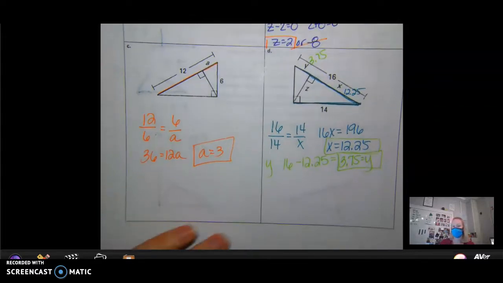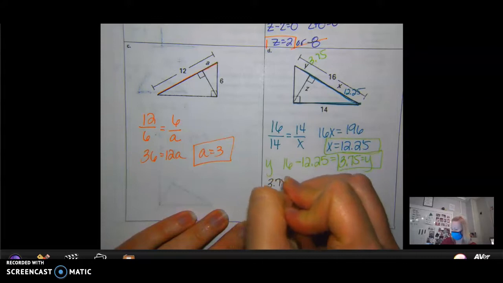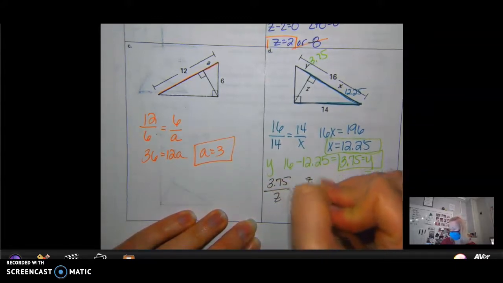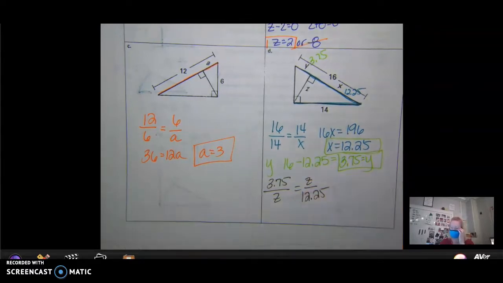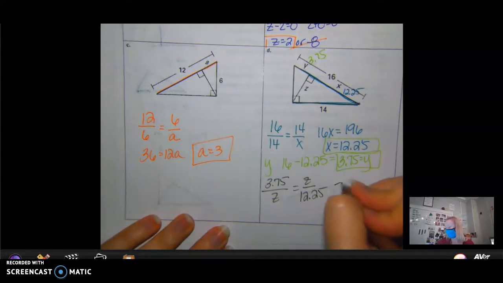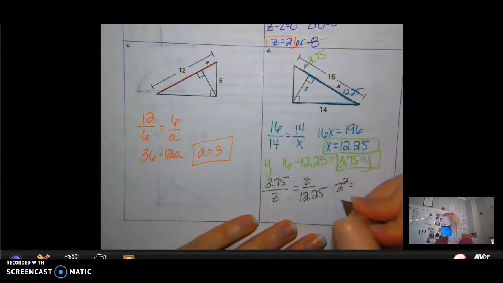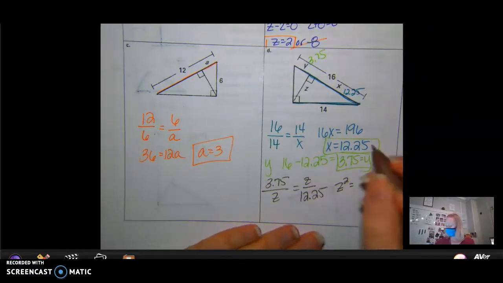How am I going to solve for z? 12.25? Yep. So I get z squared equals, what's 3.75 times 12.25? Round it up. No, don't round it because it's a terminating decimal, so keep all numbers.